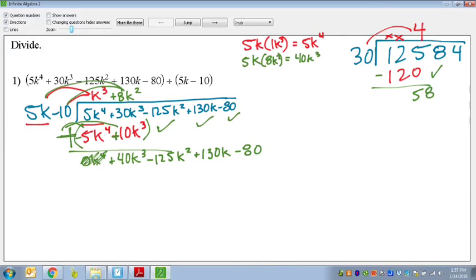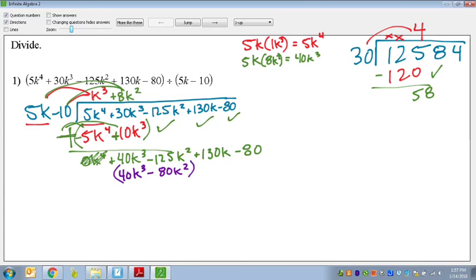Okay? And then we do the same process again. So 5k times 8k squared is 40k cubed. Then we have negative 10 times 8k squared, which is negative 80k squared.